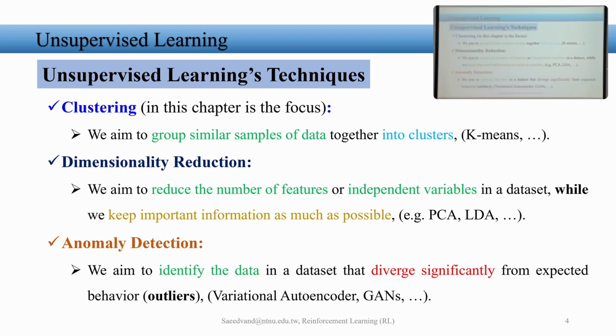Here we also have some techniques that are mostly based on deep learning or neural networks, for example, variational autoencoders or GANs are in this class. As much as we have time in this semester, we will try to talk about all those techniques too. Okay, clear? Any questions?